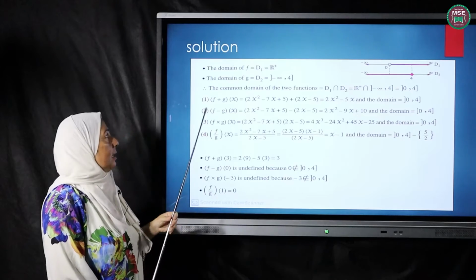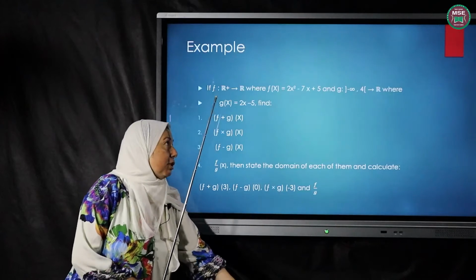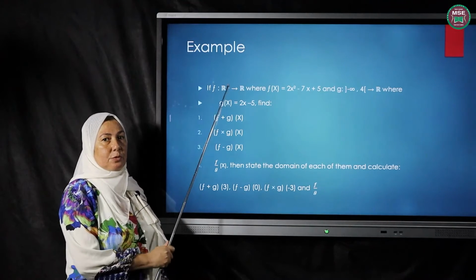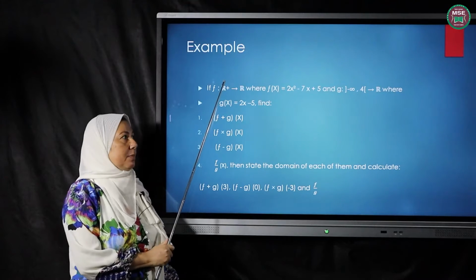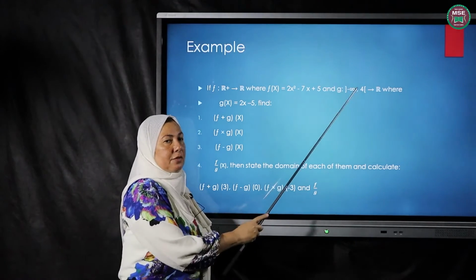Firstly, the domain of the first function equals the positive real numbers. The domain of the second function is (negative infinity, 4).